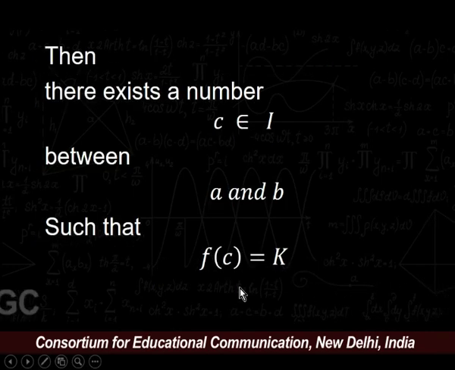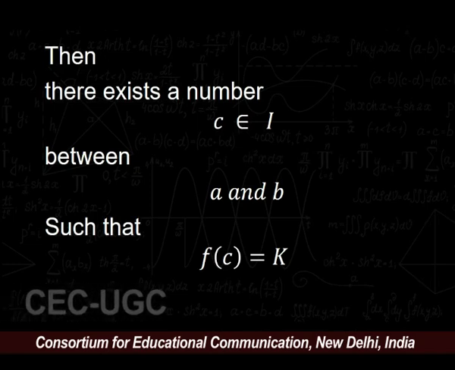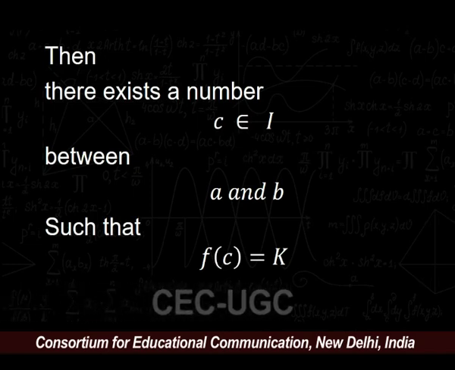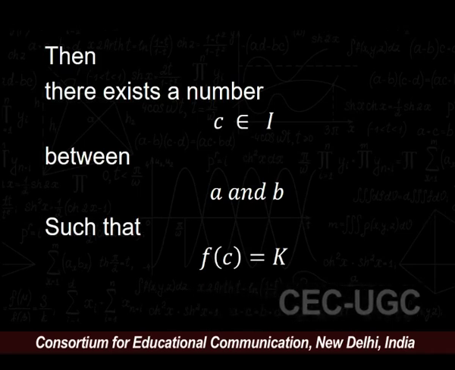Then there exists a number c belonging to I between a and b such that f of c is equal to k.